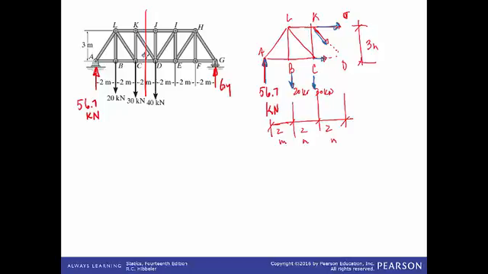So whenever we look at this, remember what are the forces that we want to calculate: F_KJ, F_KD, and F_CD. If I sum the forces in X, I have 2 unknowns.